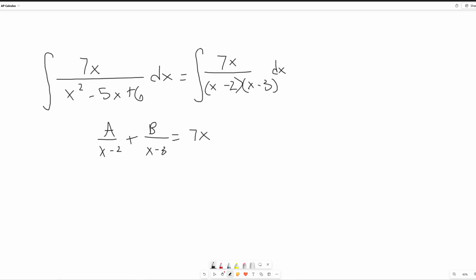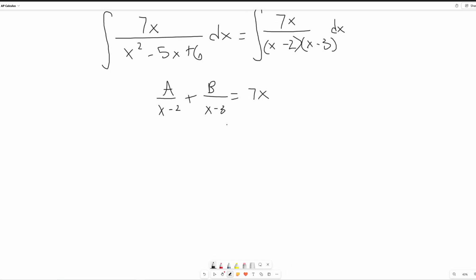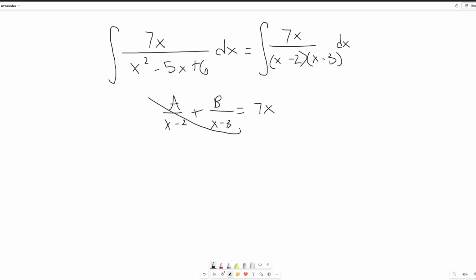So we want to split this up into two separate fractions, which we can then integrate by ln of x. So here we have to cross multiply to get a times x minus 3 plus b times x minus 2 equals 7x.